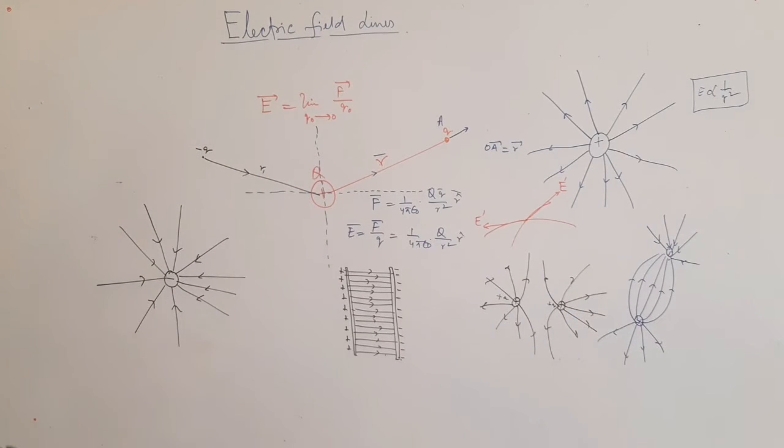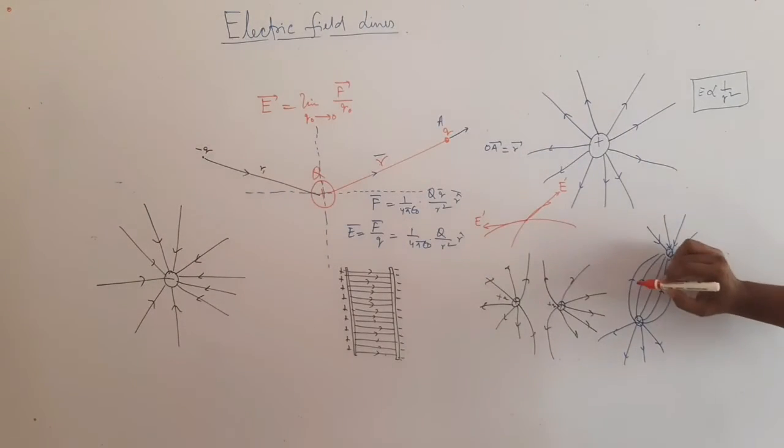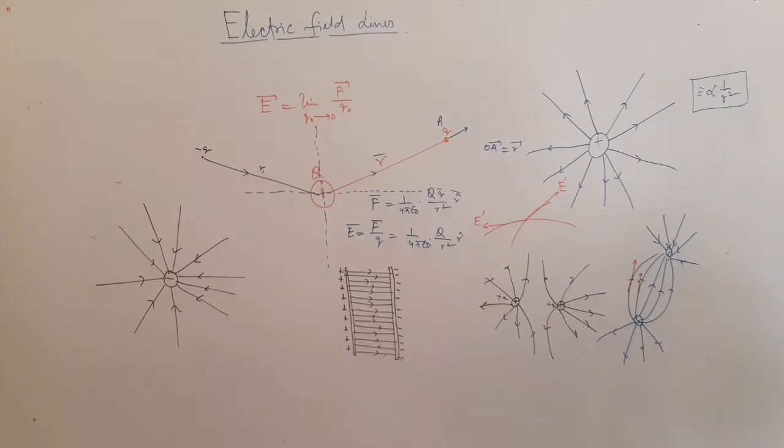So that's why the electric field lines represent the direction of the electric field. Just by drawing a tangent on them, you can find the direction of the field at that point. So this is all for this now.